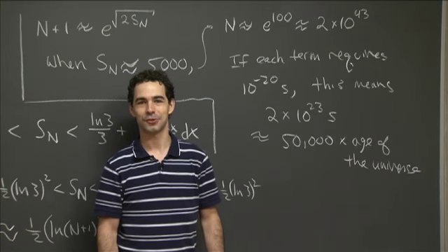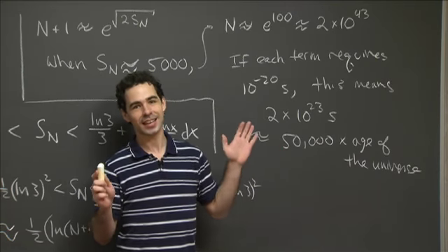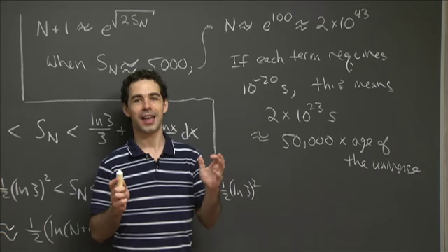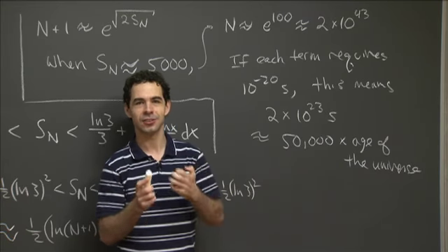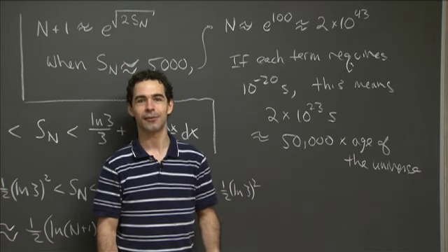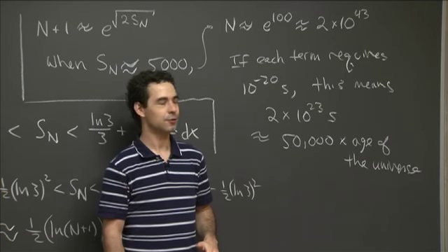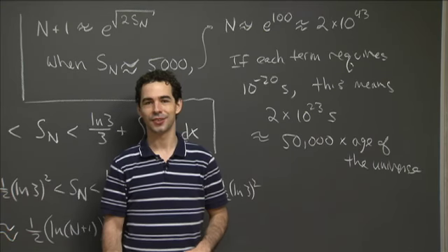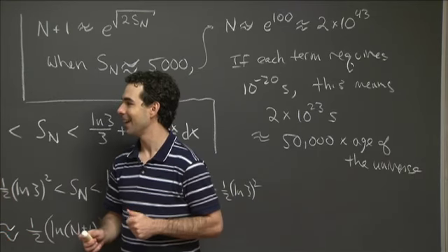So that's just a sense of how slowly this thing is growing. If you have all the computer power on Earth adding terms of this series, in a few billion years you will be able to sum up terms that pass 5,000 in value. I find that amusing.